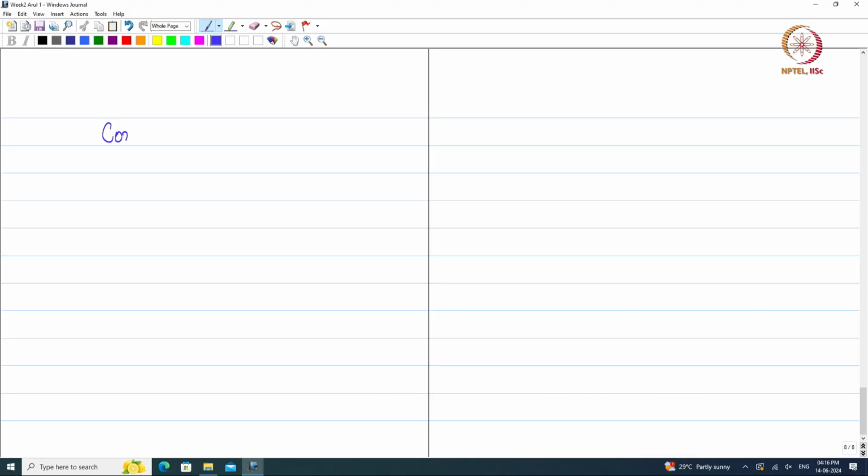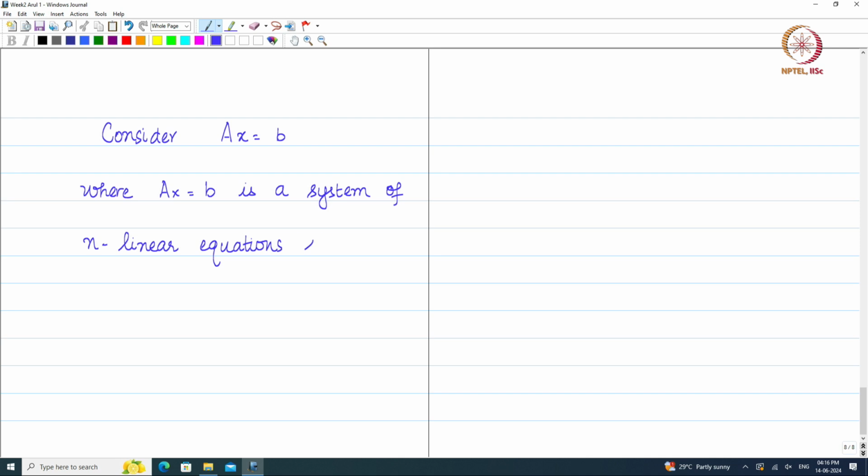Consider Ax equal to B, where Ax equal to B is a system of n linear equations in n unknowns.